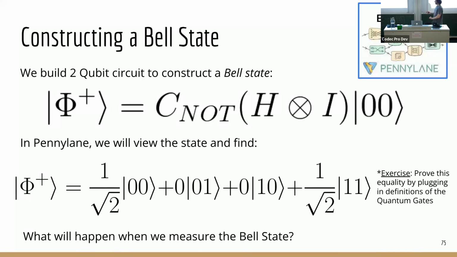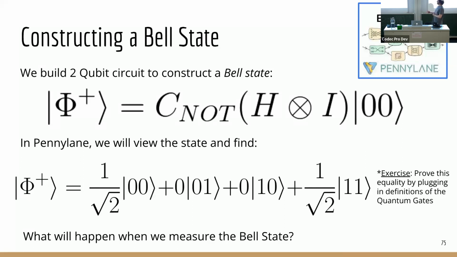And I will make the claim that in Pennylane, when we do this and we view the state, we will get the following vector in Z-basis form. So we will have a 1 over root 2 for our 0-0 ket. We will have probability amplitudes of 0 for our 0-1 ket, 0 for our 1-0 ket, and a probability amplitude of 1 over root 2 for the 1-1 ket.